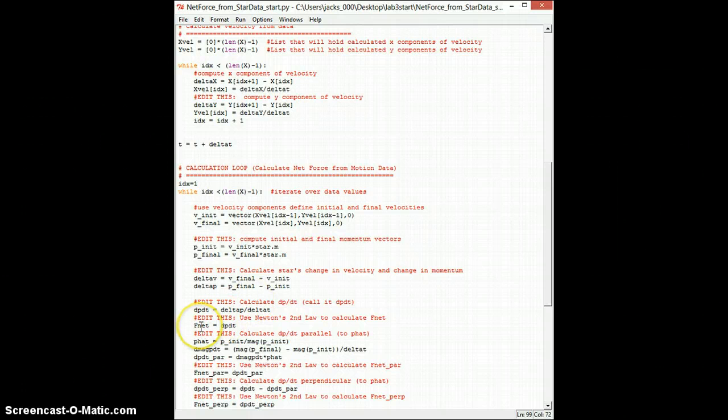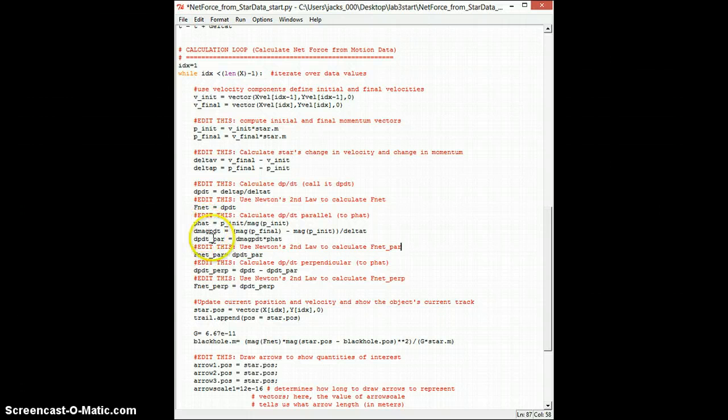Then I calculated dp dt, which equaled the change in momentum over the change in time, and I found that the net force equals dp dt. I then found p hat and the magnitude of dp dt in order to find dp dt parallel, which equals the magnitude of dp dt times p hat. And I've also found F-net parallel, which equals dp dt parallel.